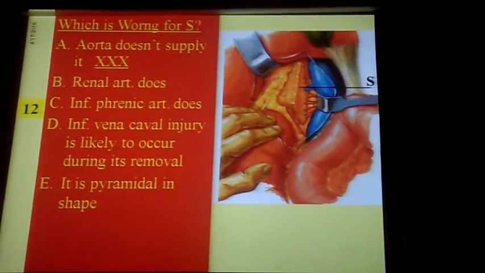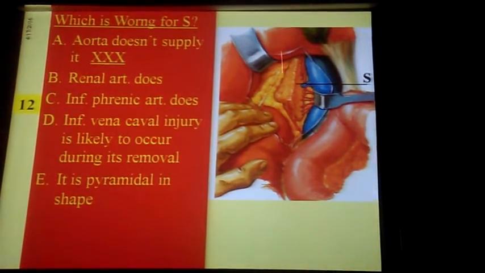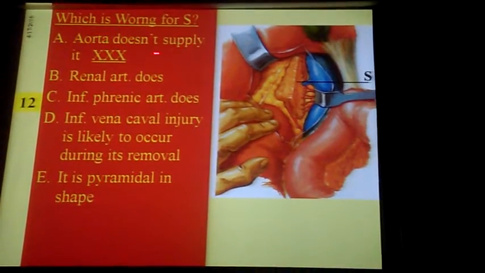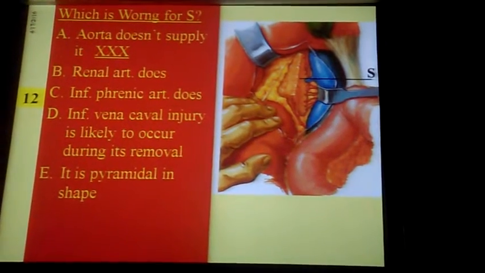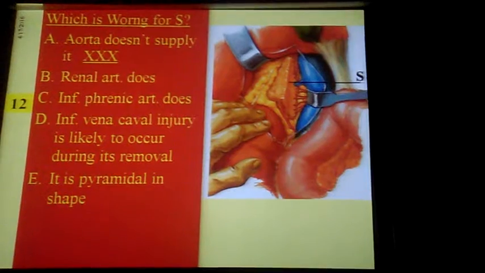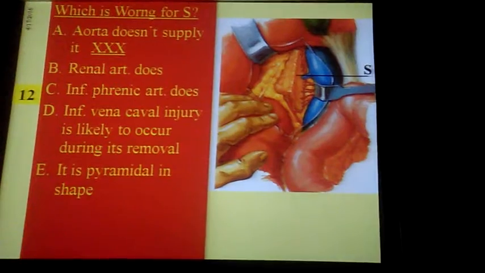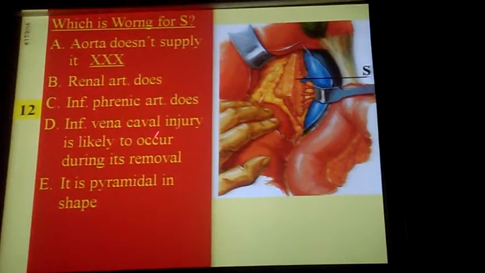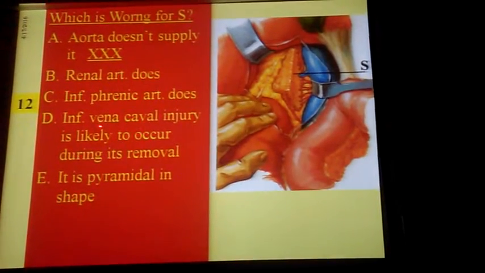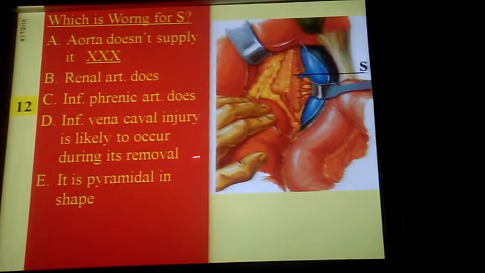One of them is the aorta, the middle; the renal, the inferior; and from above it comes from the inferior phrenic, which gives a branch. Now we come to what we said about the aorta. Okay, the renal artery does, right? The renal artery gives the inferior suprarenal artery. Then D: the inferior vena cava, vena caval injury is likely to occur during its removal.